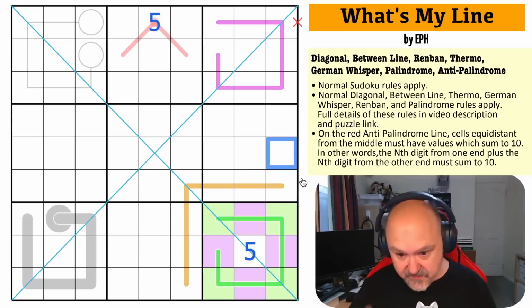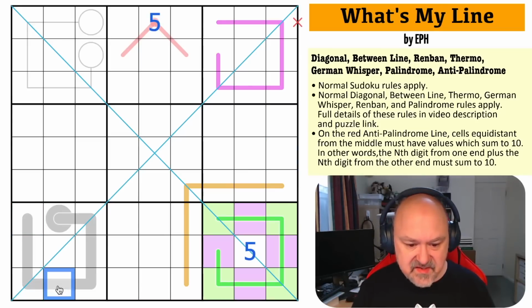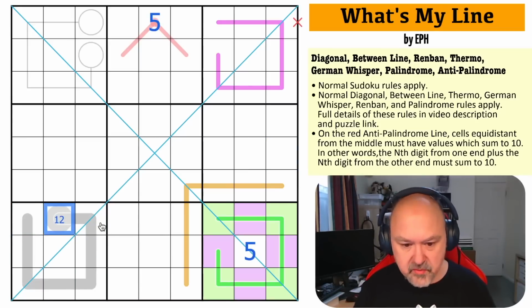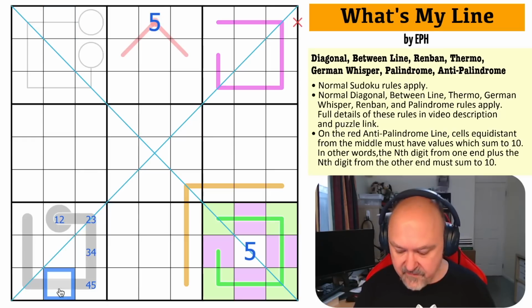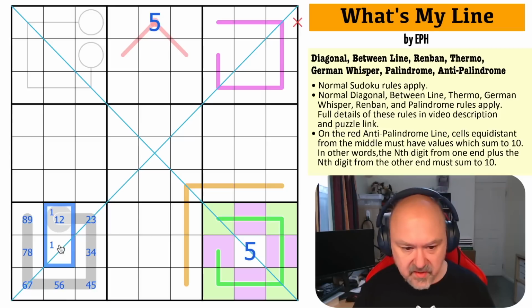There's a couple of other gimmies here. So 9, 8, 7, 6, 5, 4, 3, 2. This is 1 or 2, 2 or 3, 3 or 4, 4 or 5, 5 or 6, 6 or 7, 7 or 8, 8 or 9. 1 can only go in one of those two. 9 can only go in one of those two.